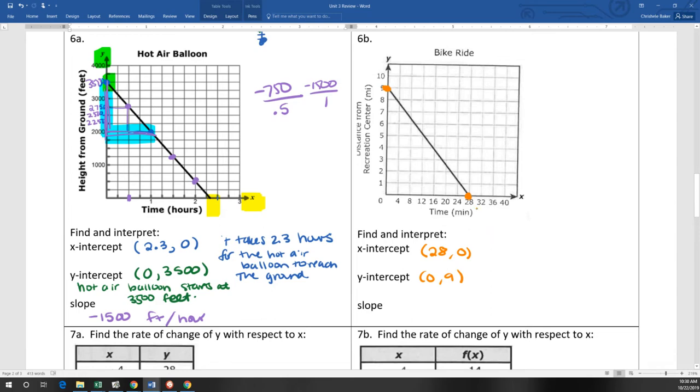And our x-intercept means that it takes 28 minutes to ride to the rec center. 9 means that's miles, 9 miles. So the rec center is 9 miles away from where you start.